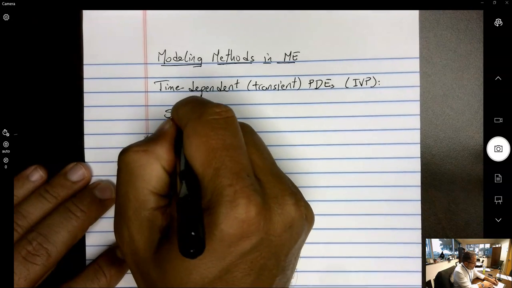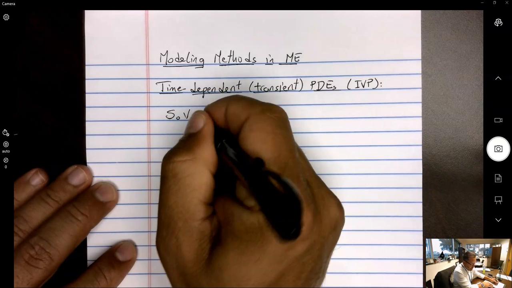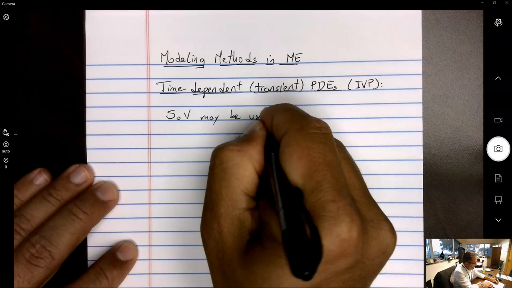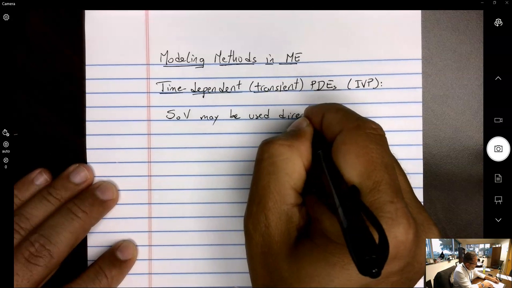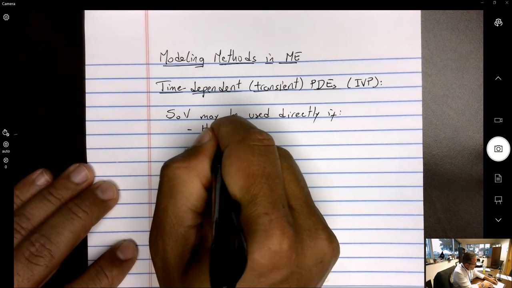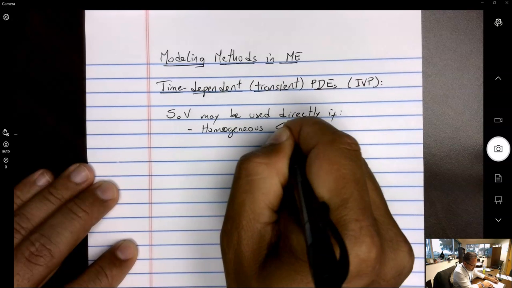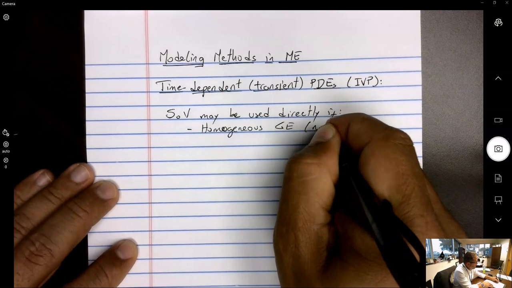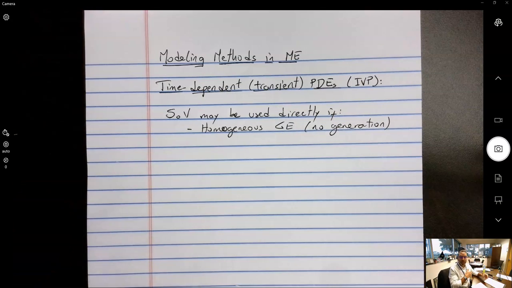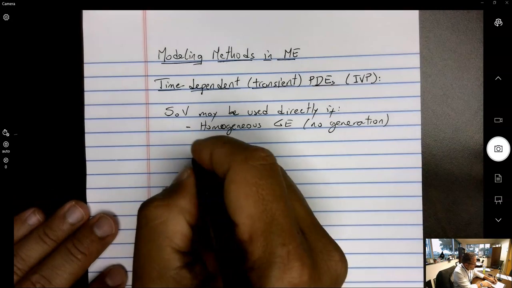So the method of separation of variables may be used directly if, first of all, we have a homogeneous governing equation. So basically no generation. Whether we're talking about heat conduction, the heat equation, or anything else, there cannot be an independent term in the governing equation.